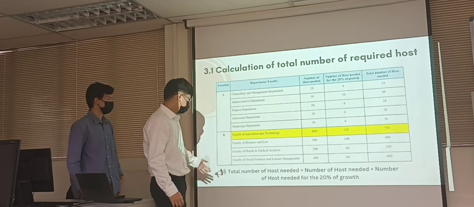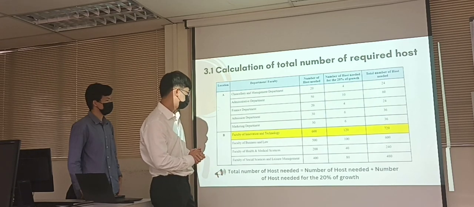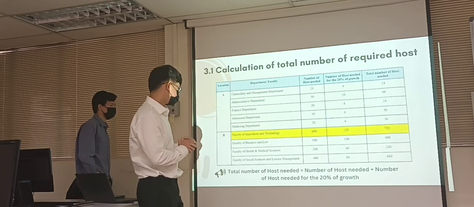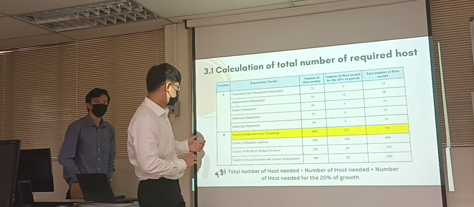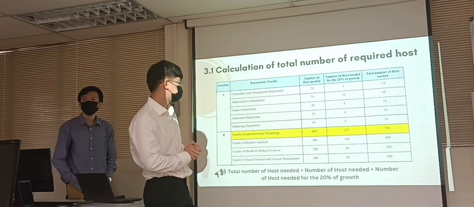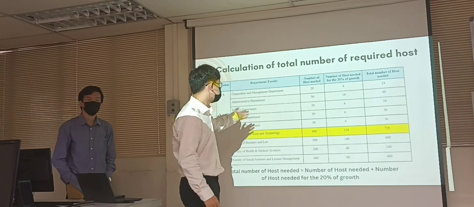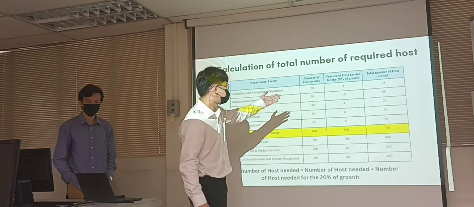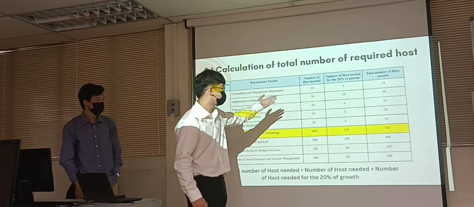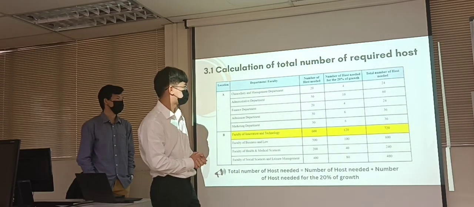And here is the formula for the calculation of the growth. We need to consider the growth of 20%. So after the calculation, in location A, the Chancellery and Management Department will have 24, and continuing with the second 60, 24, and the two departments are 36.